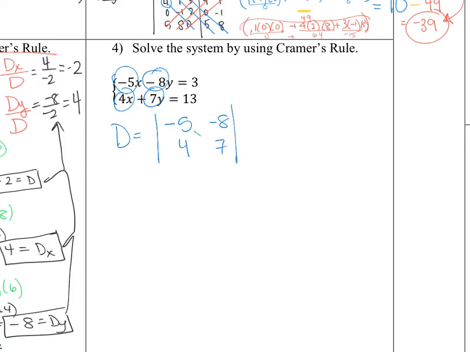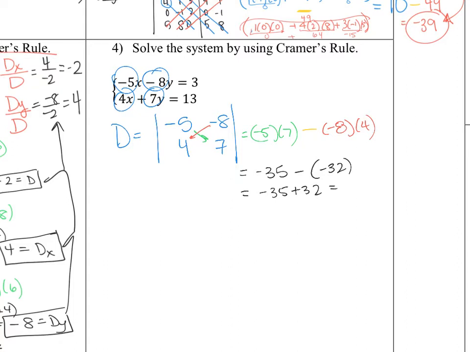And for our determinant, we're going to take negative 5 times the 7 minus, and going the other way, negative 8 times the 4. So this will be negative 35 minus negative 32, which is negative 35 plus 32, which is equal to negative 3. So that's our big D.